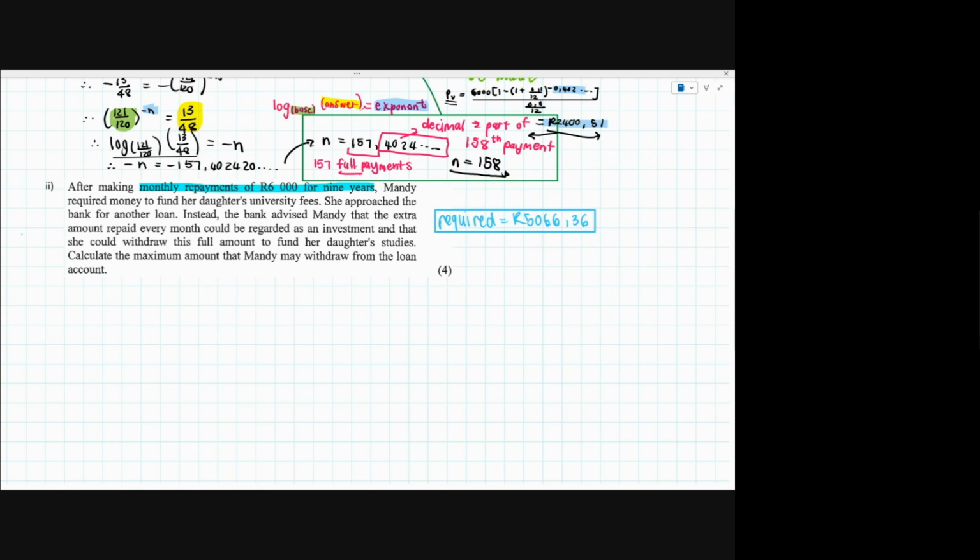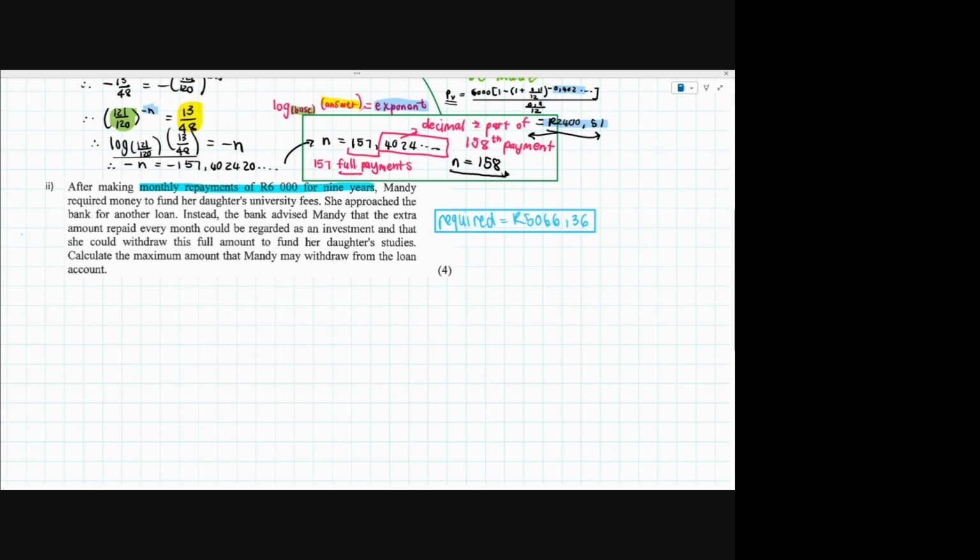So they said, okay, well, you've already been paying us extra anyways. We're just going to take that extra that you've been paying us and reinvest it for you. And what you can then do is take that investment and all of the interest it earns, and use that amount to pay for your daughter's university. And so that's what this last little paragraph is saying.